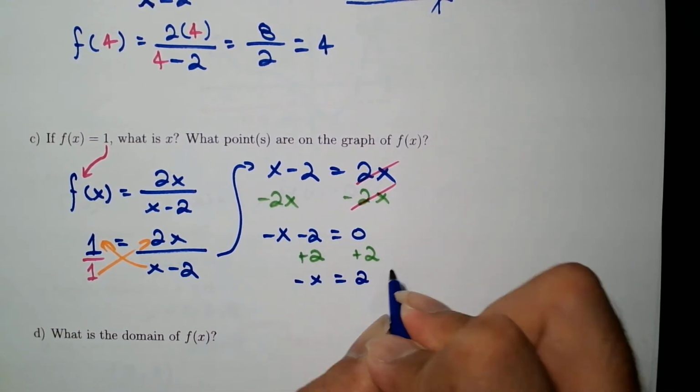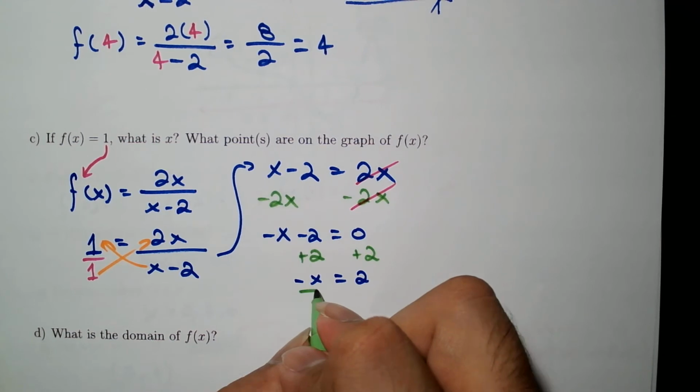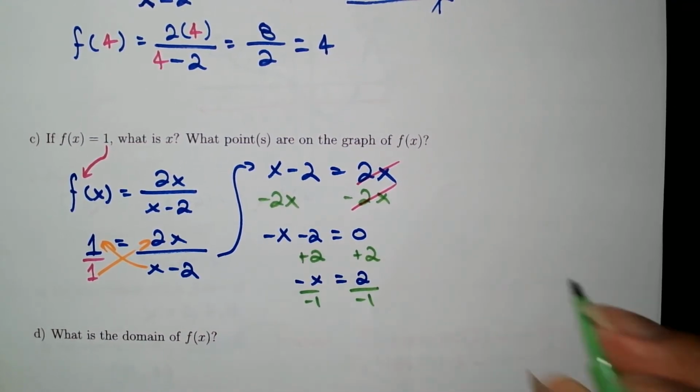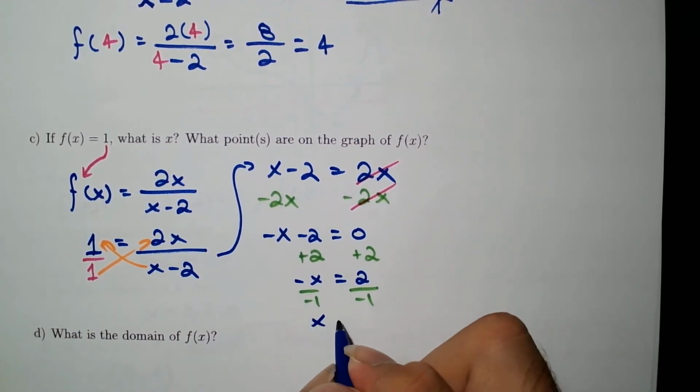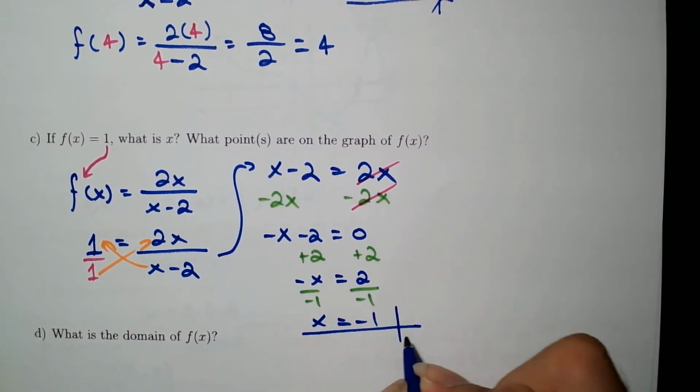Negative x equals 2, and finally divide both sides by negative 1 to get x equals negative 1.